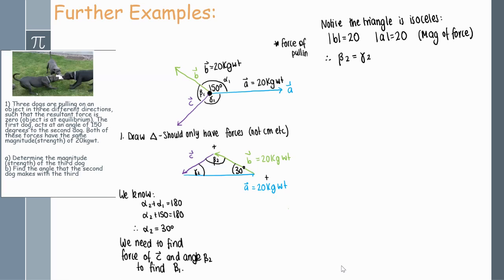Using the angle sum of a triangle, I know that beta 2 equals gamma 2, and that will be (180 minus 30) over 2. When we simplify, we get that this is equal to 75 degrees.